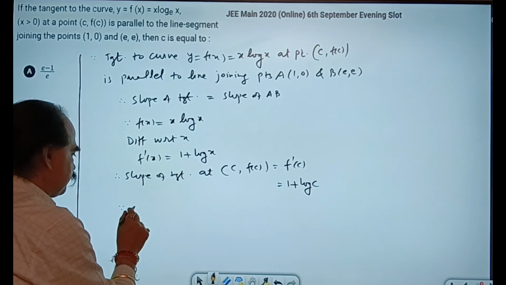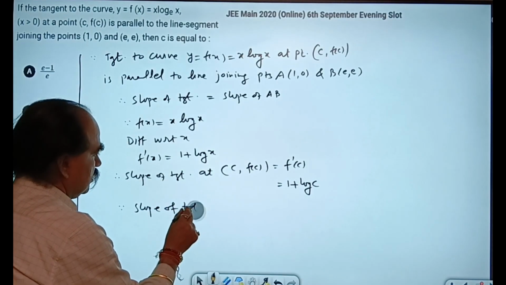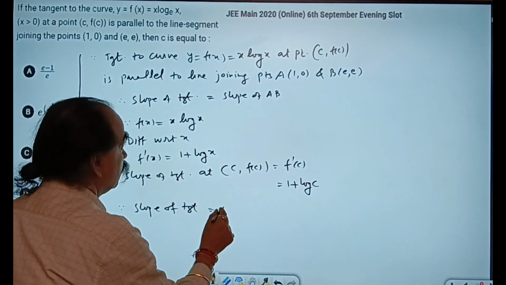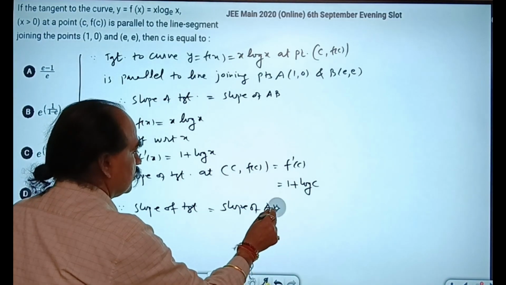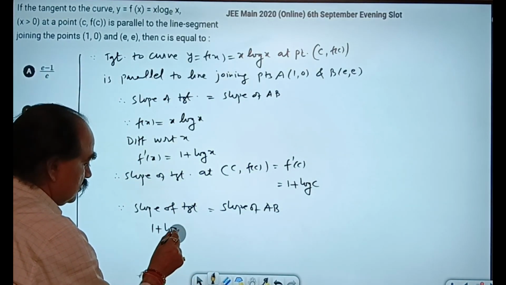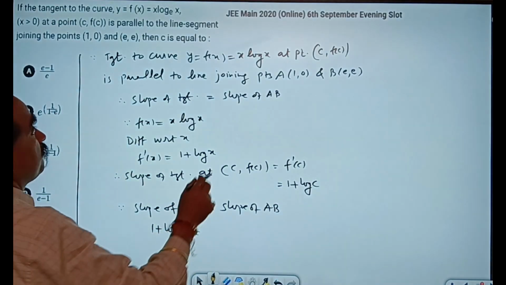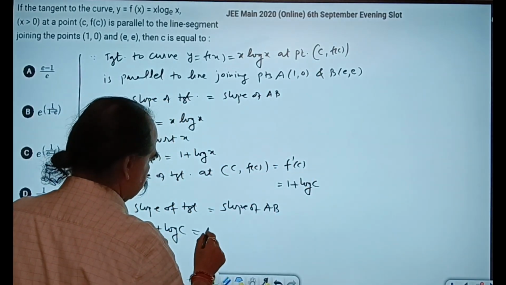Since the slope of the tangent is equal to the slope of AB, the slope of the tangent is 1 plus log c, and the slope of AB is (e minus 0) upon (e minus 1).